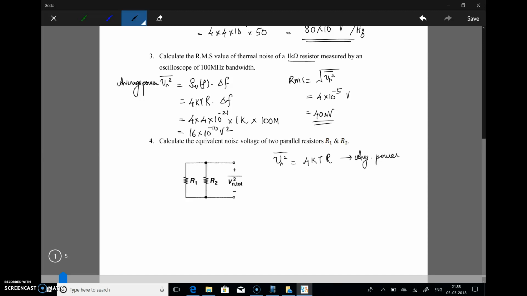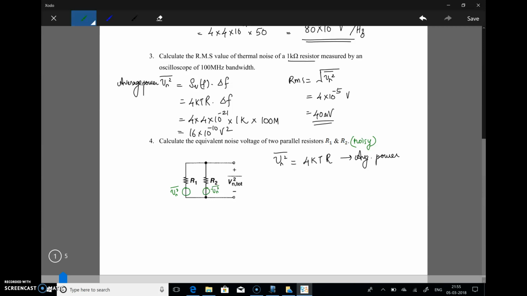What is R? If you look at this circuit diagram, there are two resistors in parallel. Both resistors are noisy, and then only we can find the noise power. So I can represent this noisy resistor as a noiseless resistor in series with a voltage source, and here also a series with a voltage source.